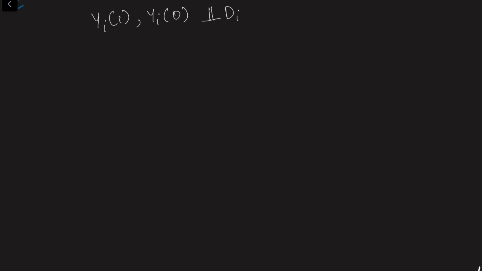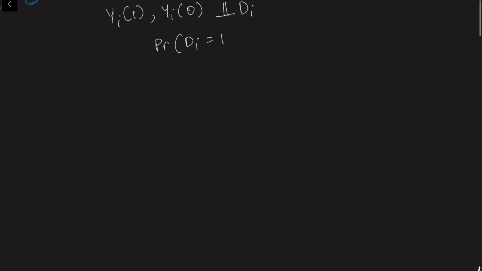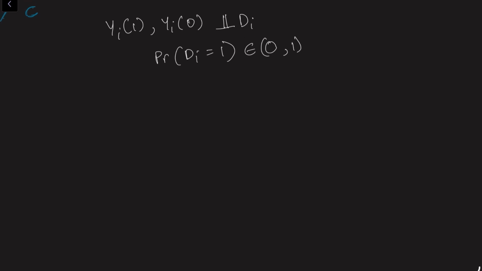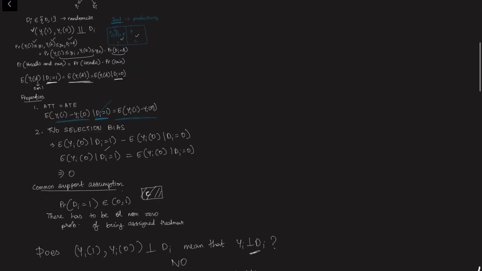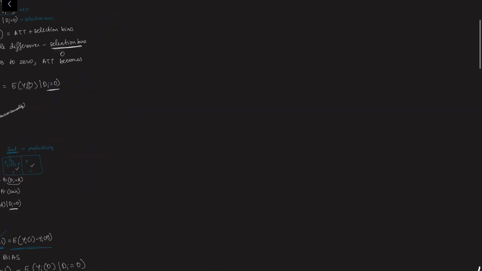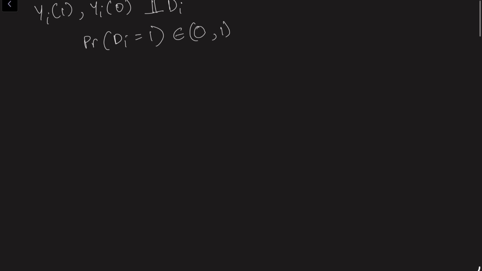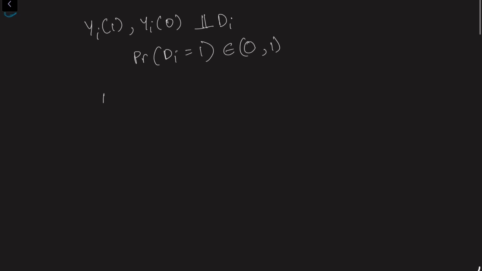And there is also the common support assumption, which is that the probability of being assigned treatment has to be a value between 0 and 1. Then there were some proofs and results we got from the previous analysis, and two properties. The first property was that ATT is equal to ATE under these assumptions.